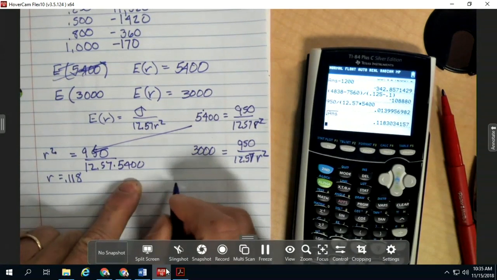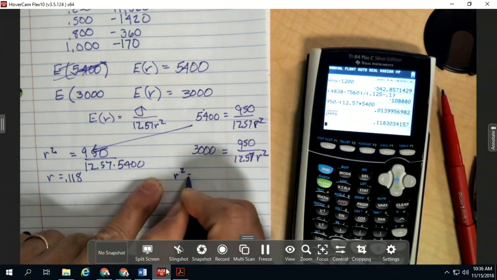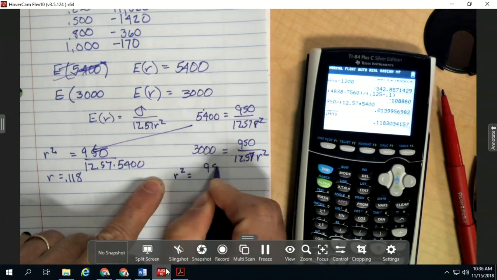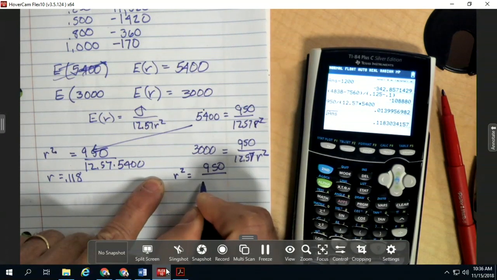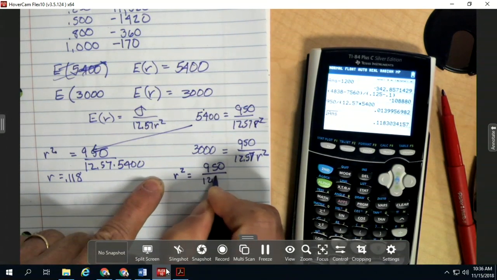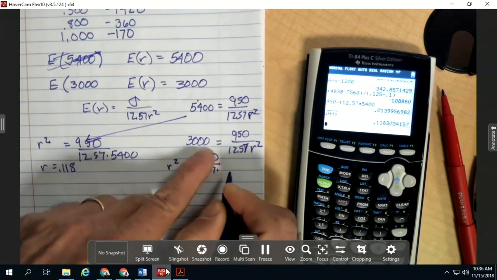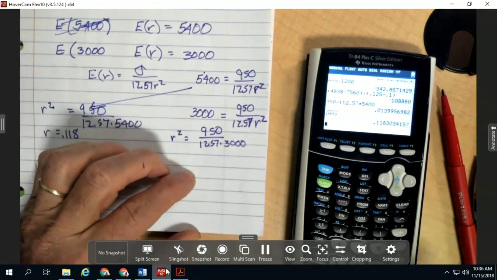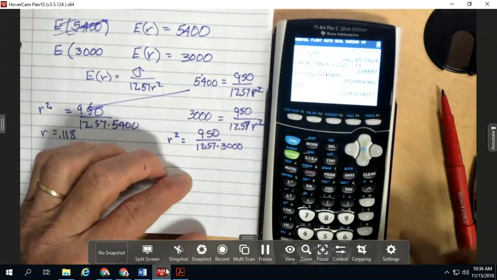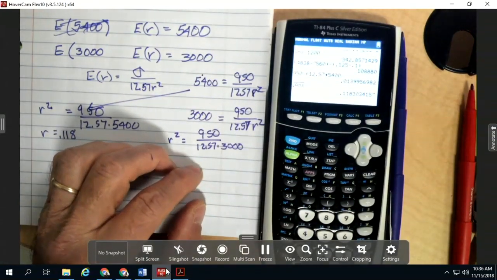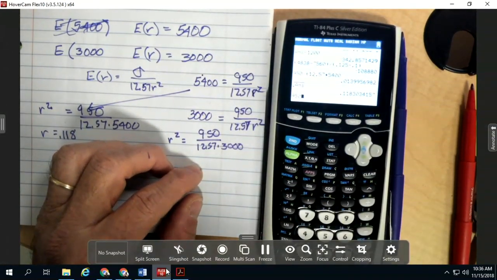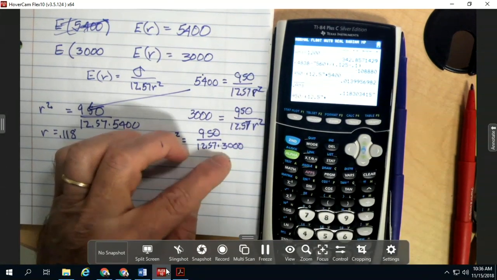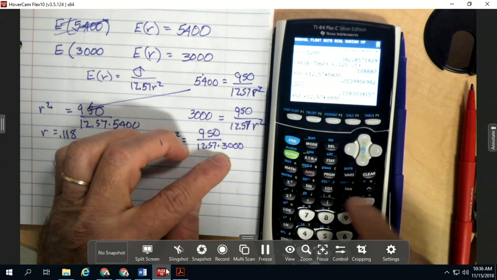Do the same thing for the other one. R squared equals 950 over 12.57 times 3,000. So 950 divided by parentheses 12.57 times 3,000.